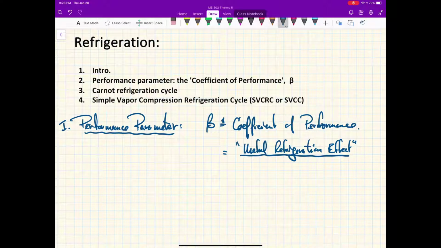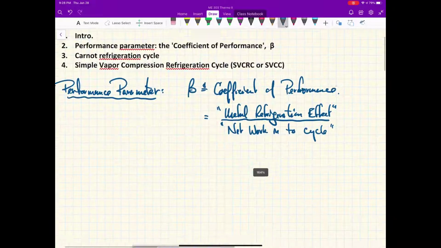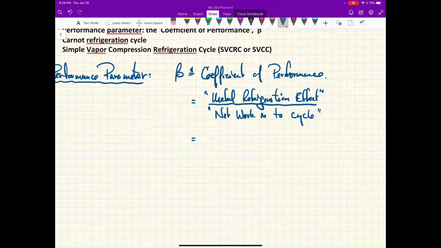And what I'm paying for is the net work in to the system. Actually, let's just spell it out and then we'll simplify it afterwards. Net work in cycle. So we'll call that Q in over work in net, and this would be Q in useful.